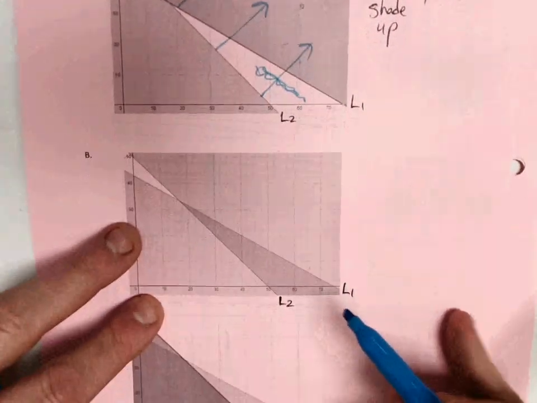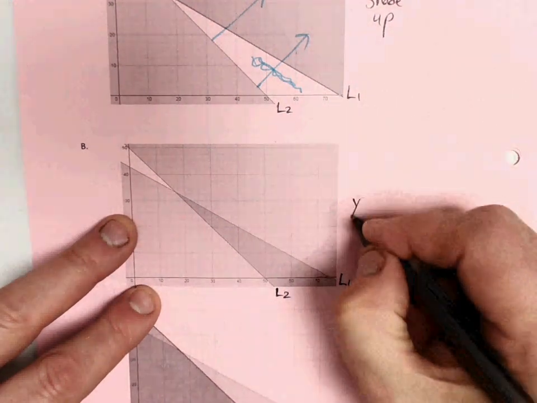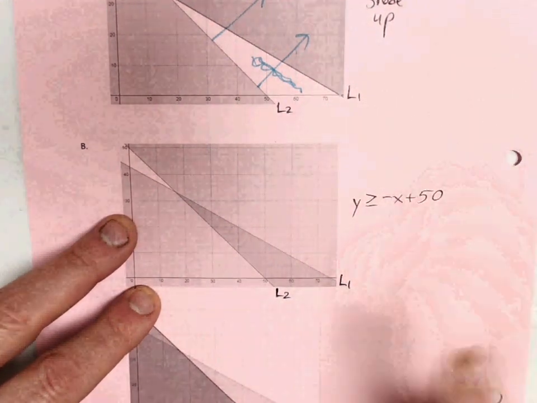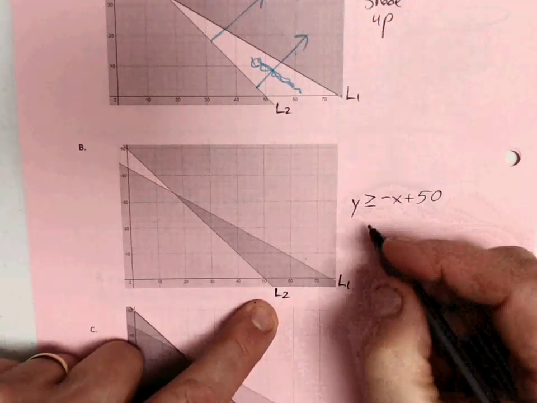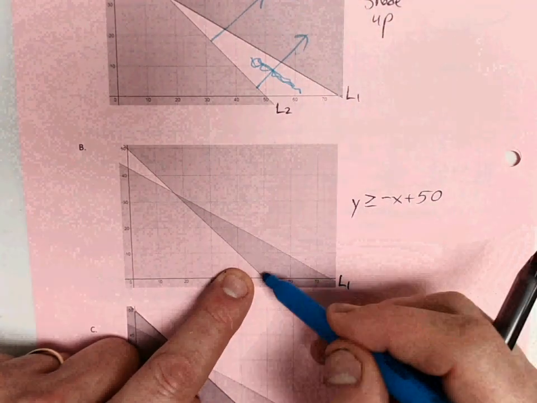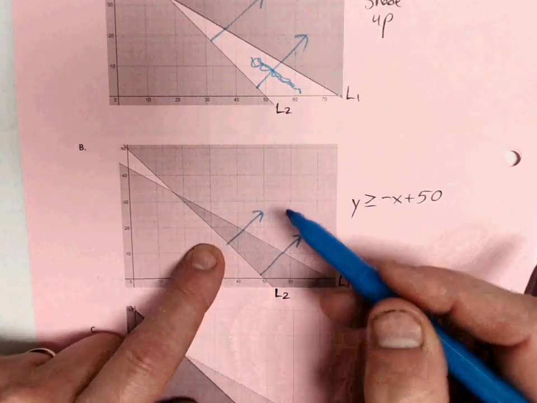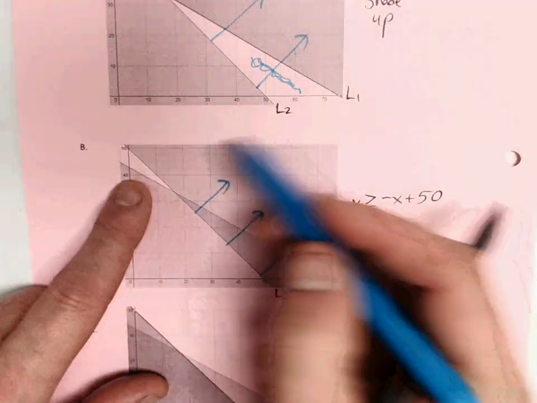Well, let's look at the next one. And I'll rewrite the inequality for the second line right here. Okay, line 2 greater than, we're shading up. Does this one shade up? Yeah, I've got shading going up there. I've got shading going up there. Shading going up there.